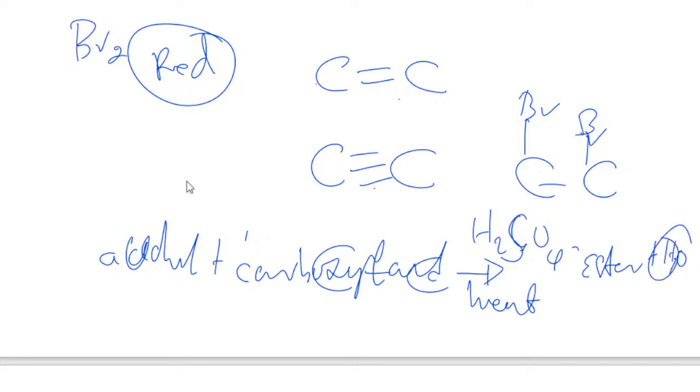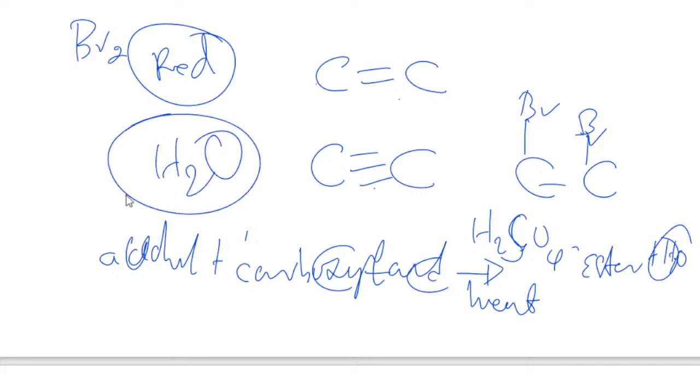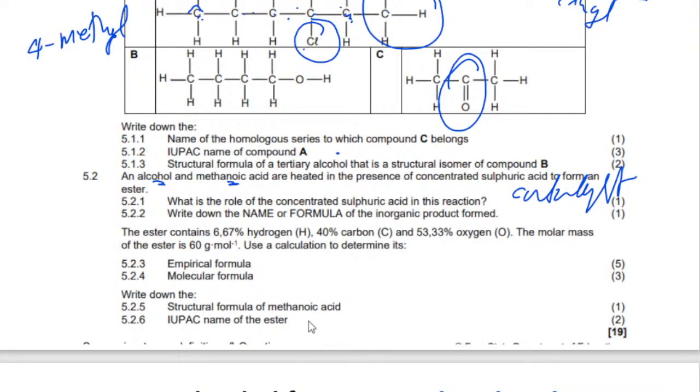So water is the inorganic molecule they're asking about. And when they ask you to write the structural formula, even water must be in the form of a structural formula. In most cases, people don't write this water, and you end up losing marks just like that.